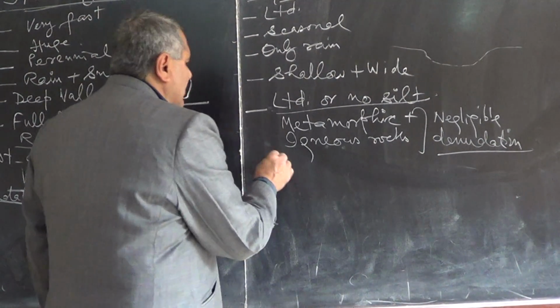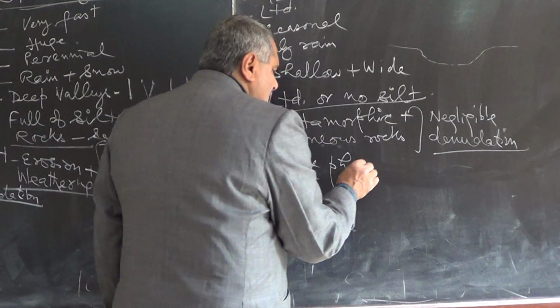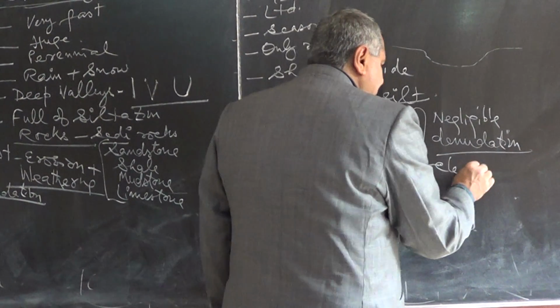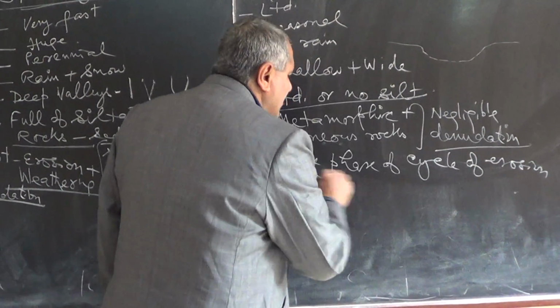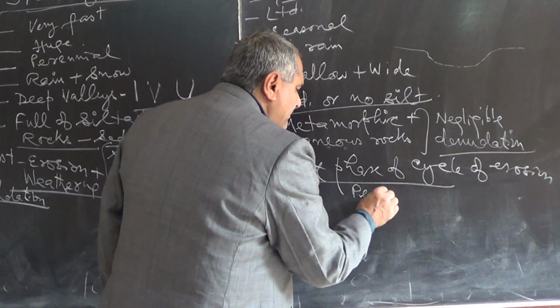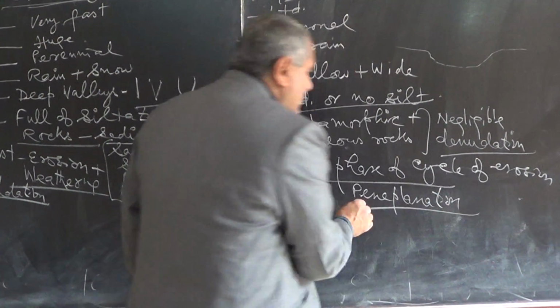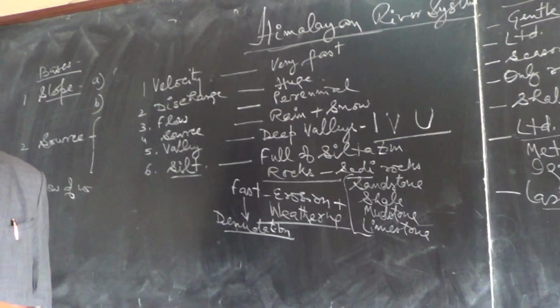Because the peninsular plateau is in the last phase of the cycle of erosion, it is converted into a peneplain. It's eroded and converted into a plain area.